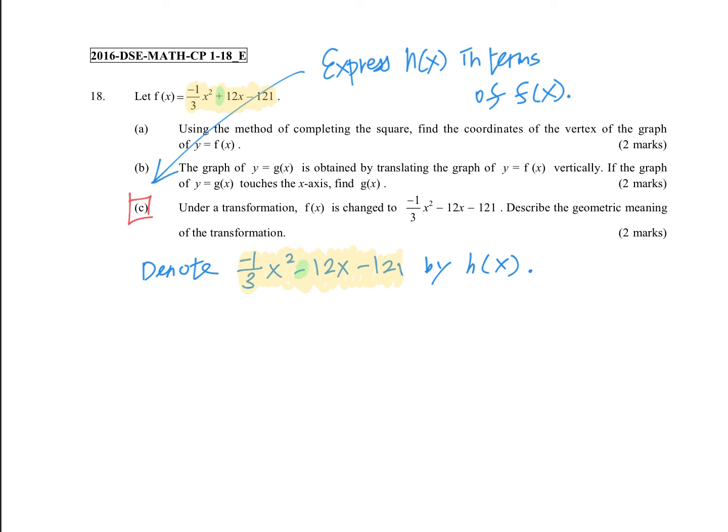So if we follow this kind of idea, h(x) would basically be negative 1/3.